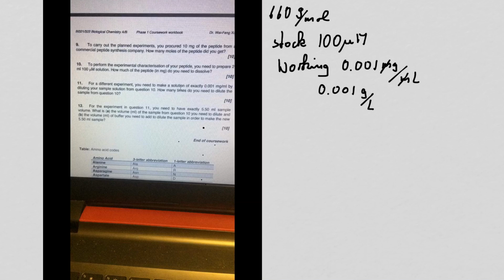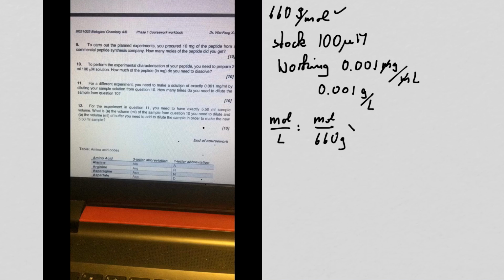Now let's convert this gram per liter into mole per liter. So we want to have mole per liter for that. So do we have a mole anywhere? Yeah, we have that up here in our molecular mass. So we have mole divided by 660 gram. Now the mole is in the right place, but we need to get rid of the grams.